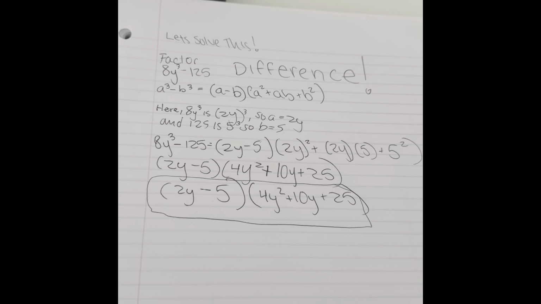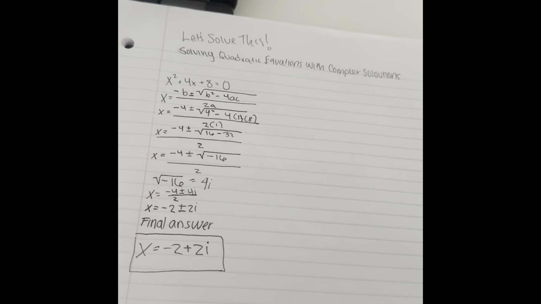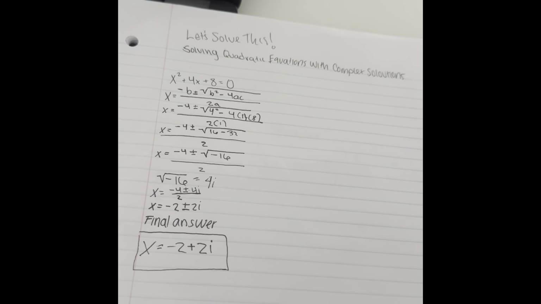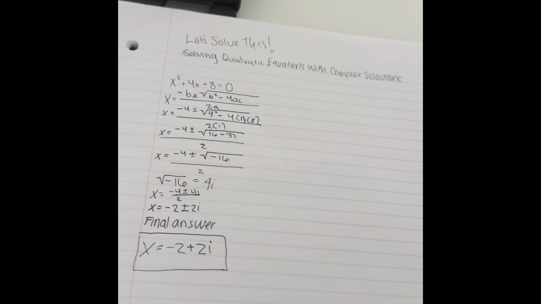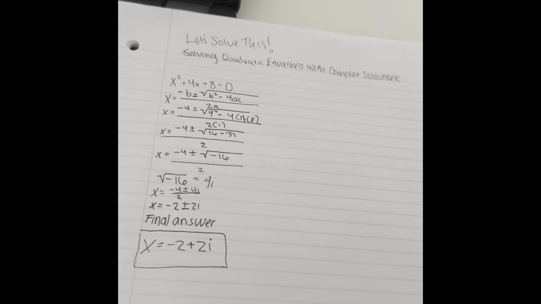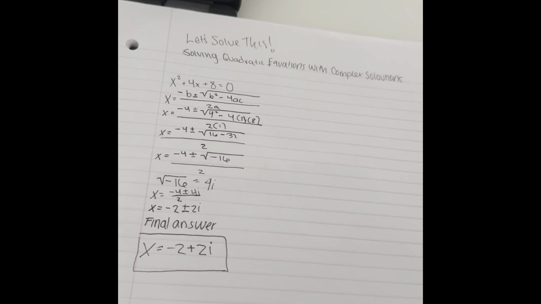Solve this. We're going to be solving a quadratic equation with complex solutions. Firstly, we're going to be solving x squared plus 4x plus 8 equals 0. So we have to use x equals negative b plus or minus the square root of b squared minus 4ac, all over 2a.